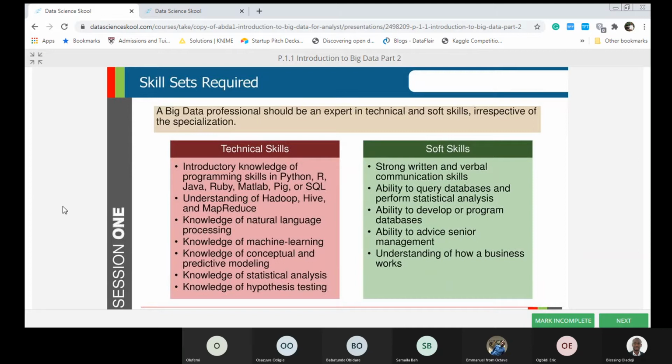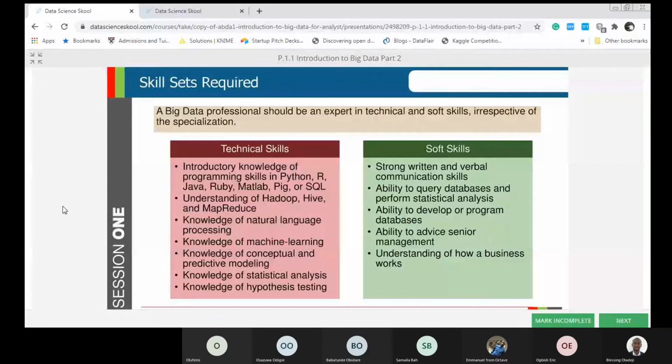These people don't understand R, they don't understand Python, they don't understand SQL code. So how do you translate all of those technical jargons into something that makes sense to them? So both written and verbal communication is very, very important for people who are studying this particular course.